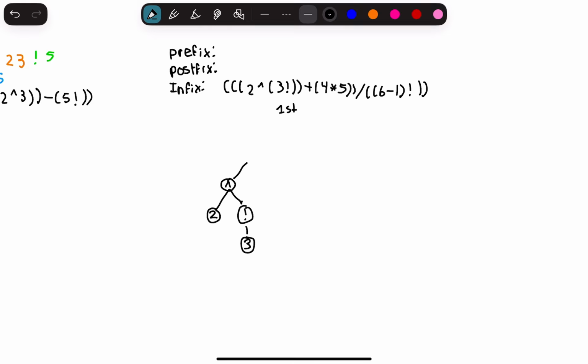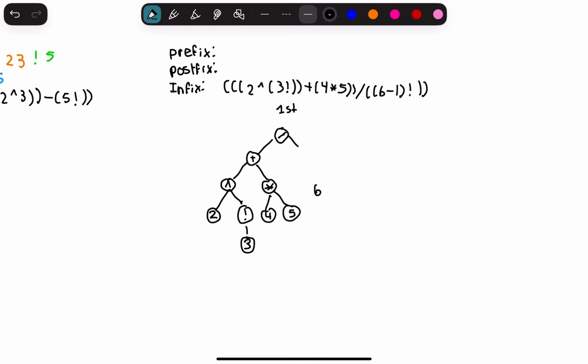After this, we see that that result is connected by a plus, and then that is connected by a multiplication of 4 and 5, 4 times 5. And then we can see that this result of 4 times 5 is going to be divided by 6 minus 1.